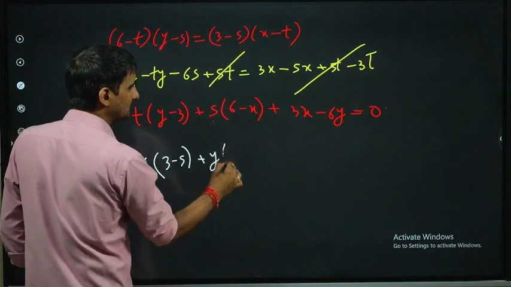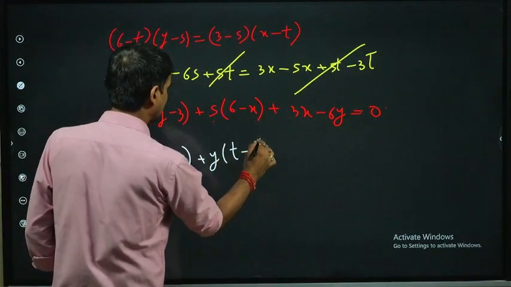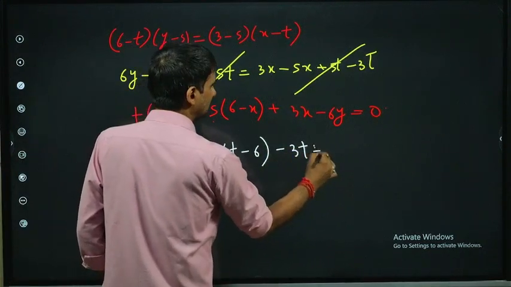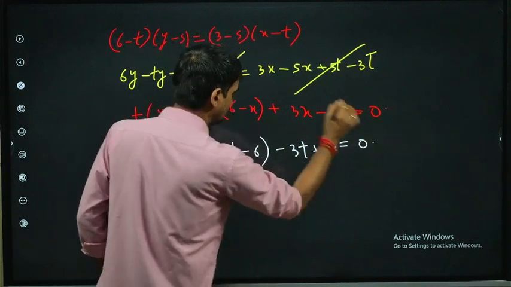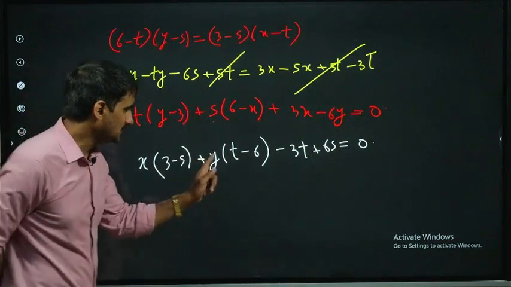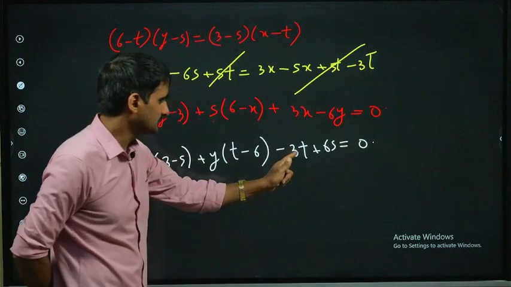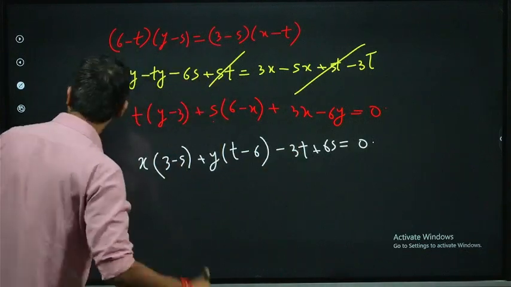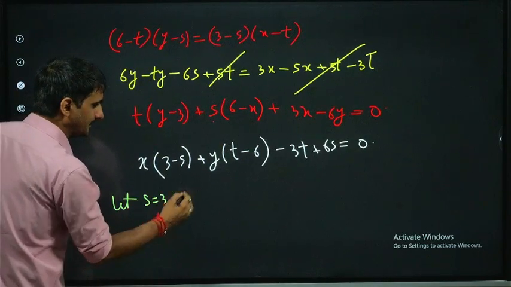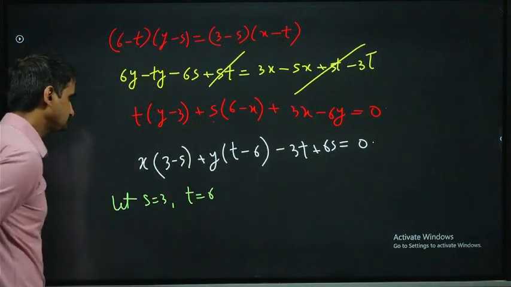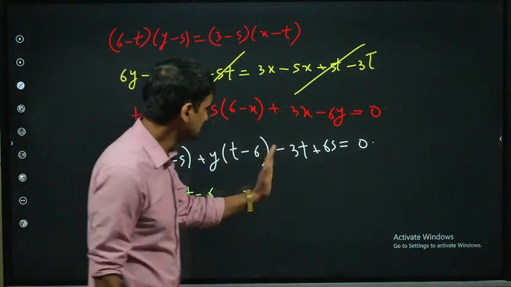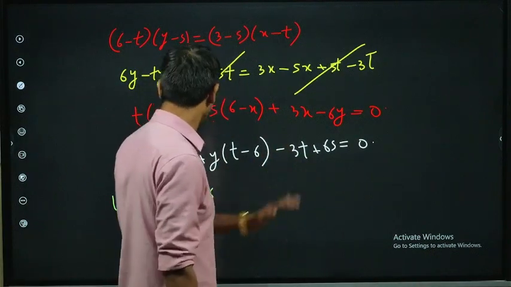For y it will be t minus 6, and then we have minus 3t plus 6s equal to 0. Yes, so if I put s as 3 and t as 6, it is being satisfied. So this gets 0, this gets 0, and 3t and 6s cancel, and that gets satisfied.